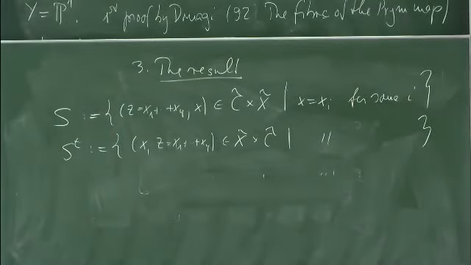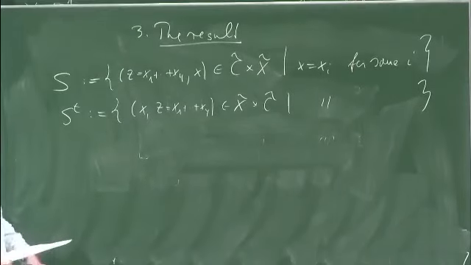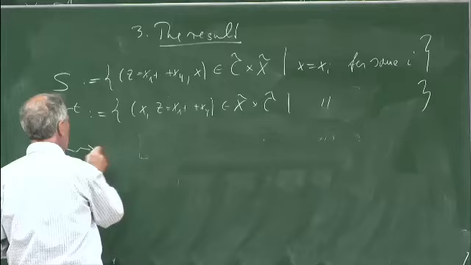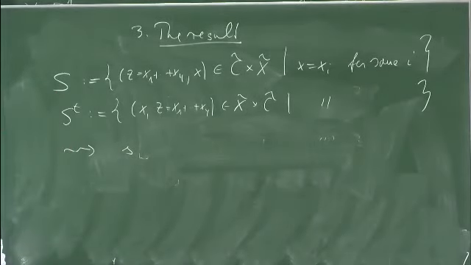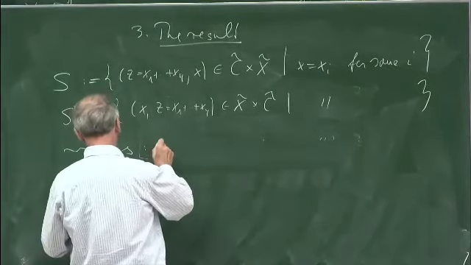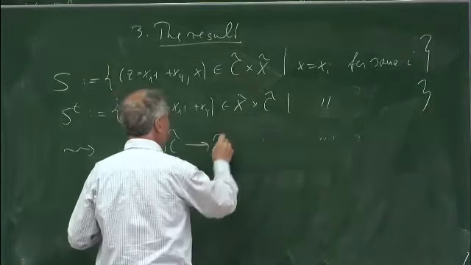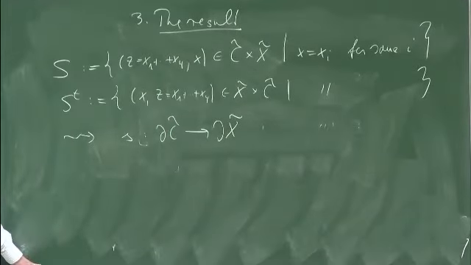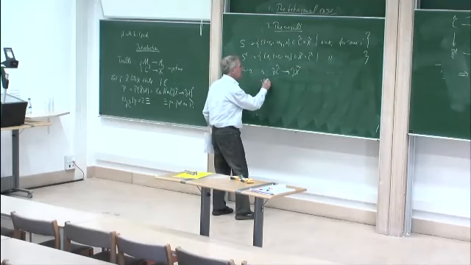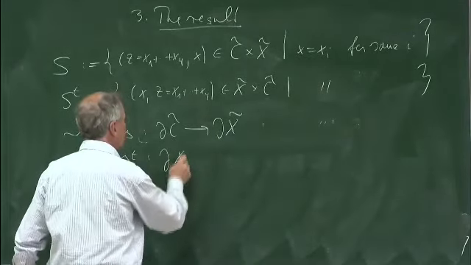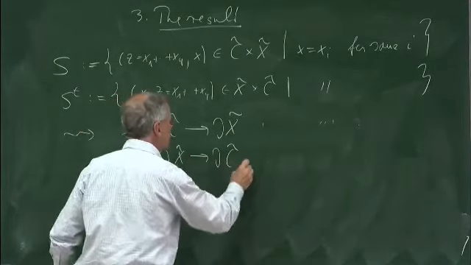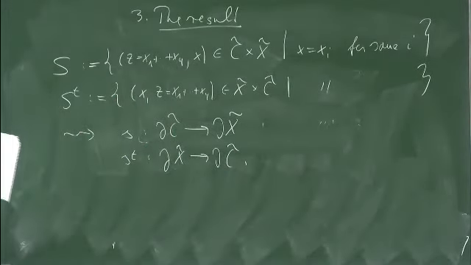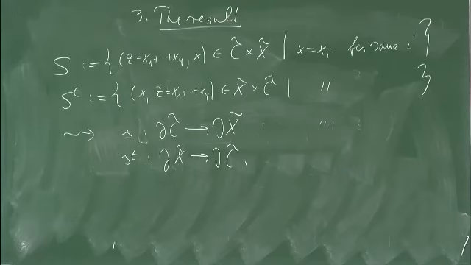Any correspondence induces a homomorphism. So this induces a homomorphism, which I denote by small s, of JC tilde into JX tilde. Not onto, but into. And S transposed, different, JX tilde into JC tilde, just by adding the points in the Jacobian and subtracting a suitable multiple of a fixed point.